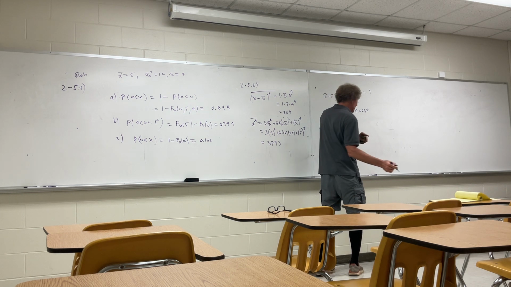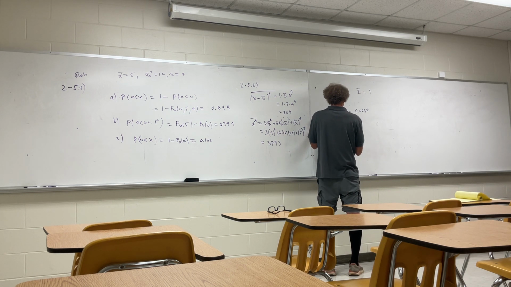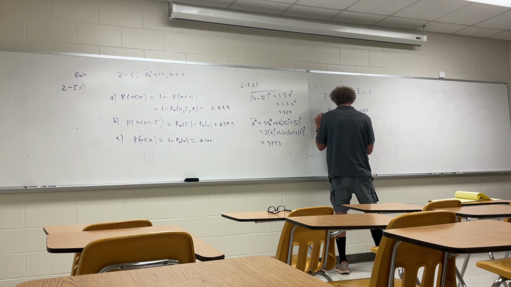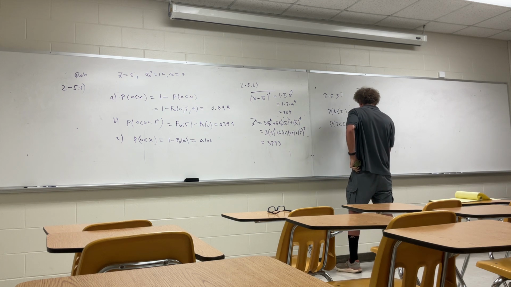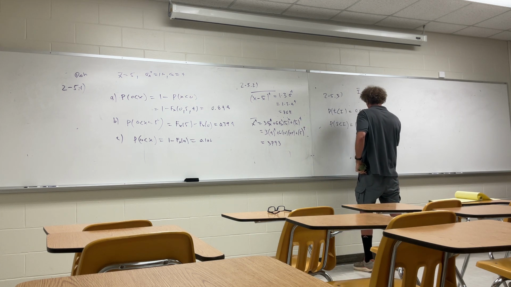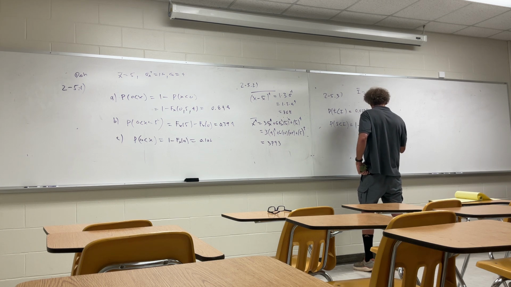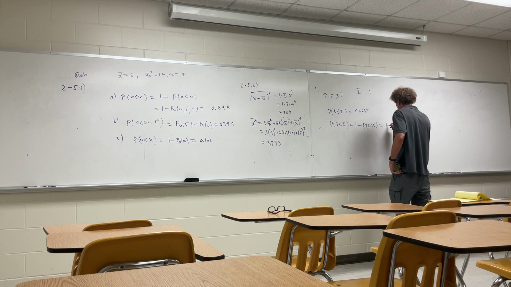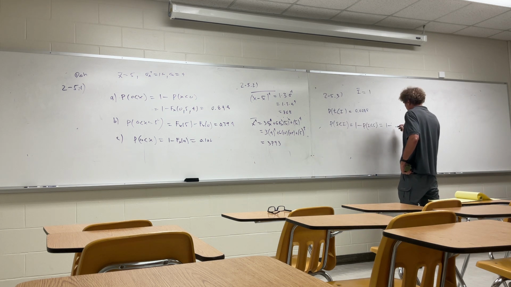This is the inverse problem. This is where it's trickier. The probability of x greater than 5 is going to be 1 minus the probability of x less than 5. And that's 1 minus, for me now, F of x.